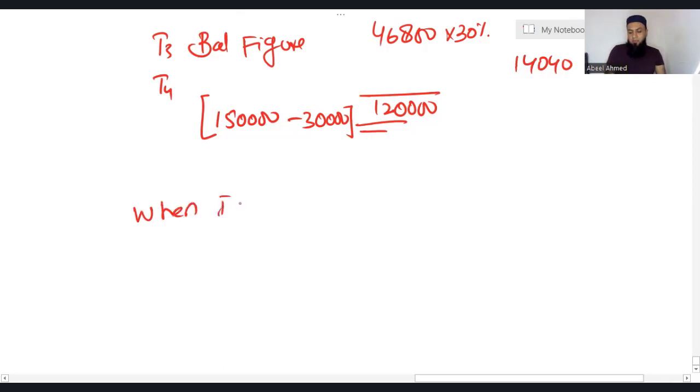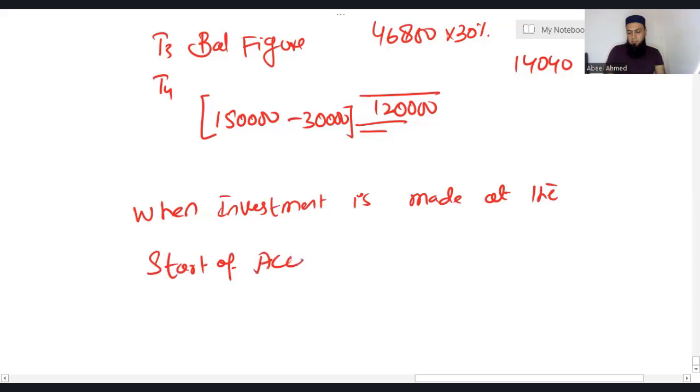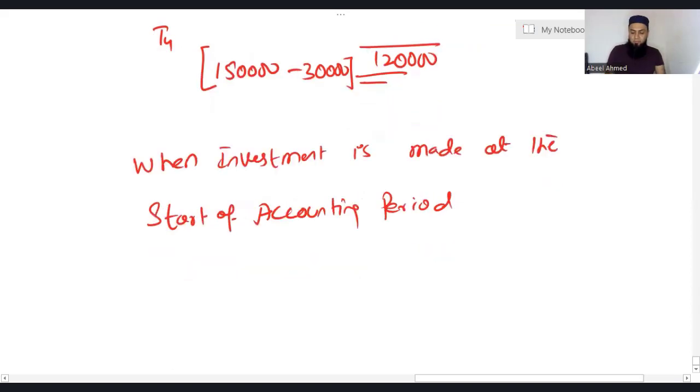Let me explain that. When investment is made at the start of accounting period, now listen, why does T1 come in the calculation?